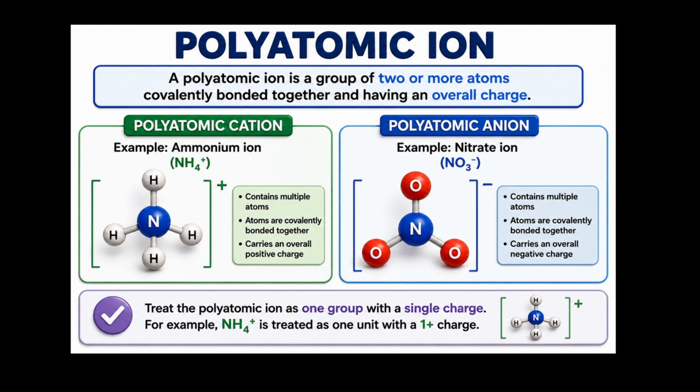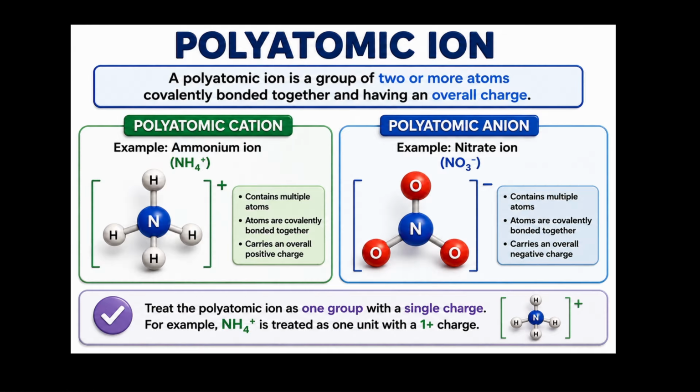So when we put them together, polyatomic means many atoms. In the simplest way of understanding, a polyatomic ion consists of two or more atoms held together by covalent bonds and has one overall charge, either a positive or a negative.